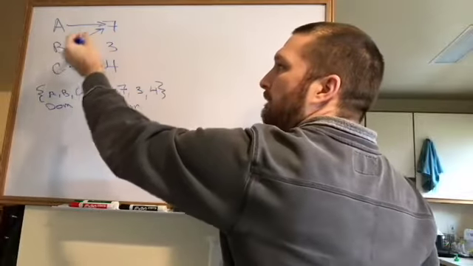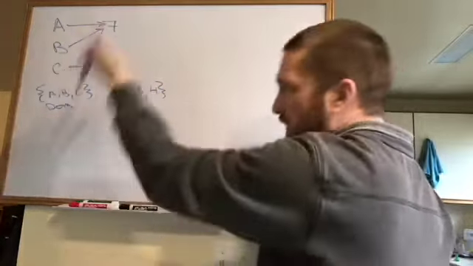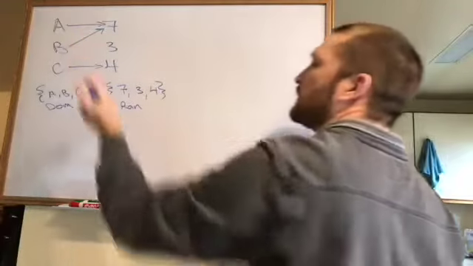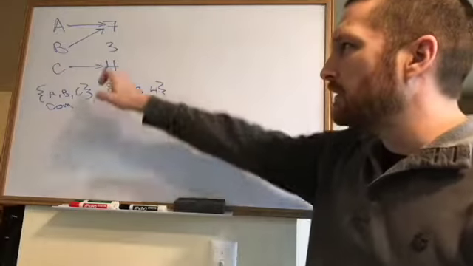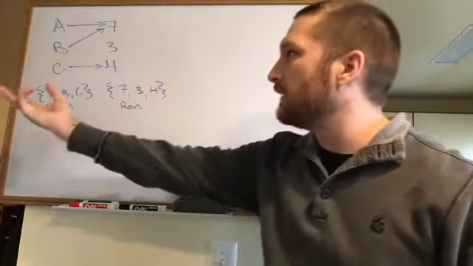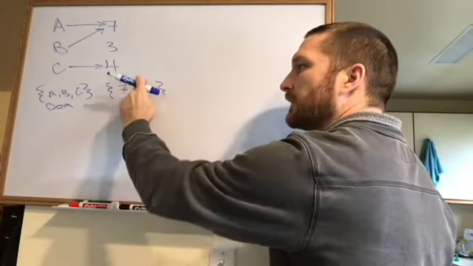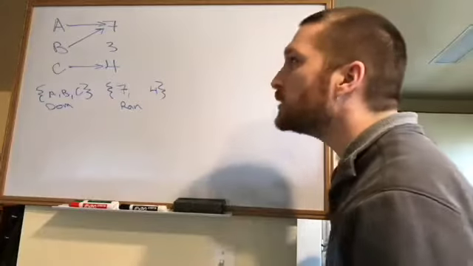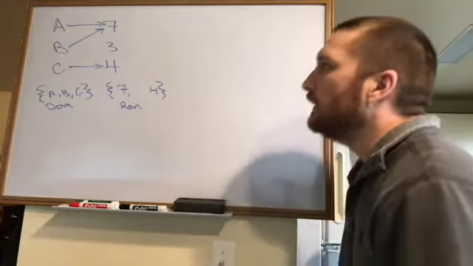Well, he's fine. B gets mapped to him. That's cool. B doesn't get mapped to 2 things. He just gets mapped to 1 thing. A gets mapped to 1 thing. So that's cool. The range is a little bit different now because nobody hits 3, right? None of these arrows come and hit 3. That is, 3 is not an output of this function. So that changes the range a little bit. But nonetheless, still a function.